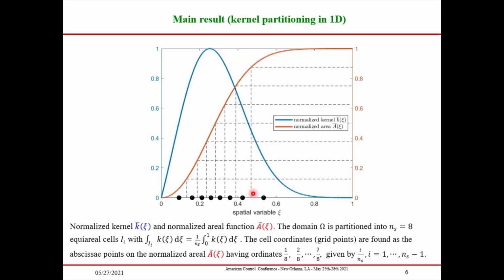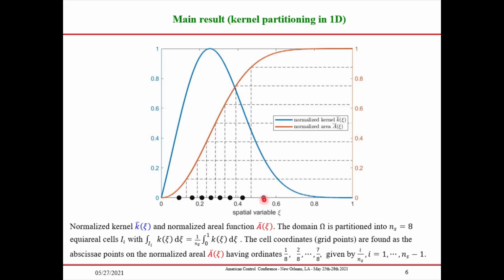So it means that the area here under this cell is 1 over 8 times the area under the blue curve, which is the normalized kernel. Now, I need to put a sensor, which are denoted by these black circles, in each of those cells.